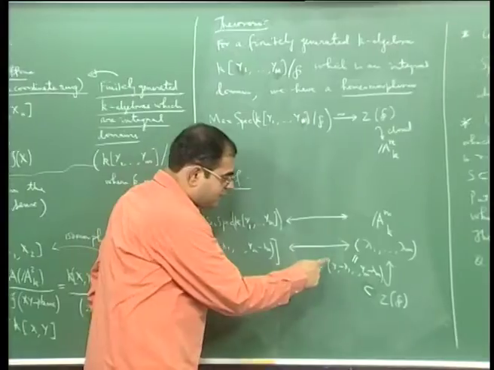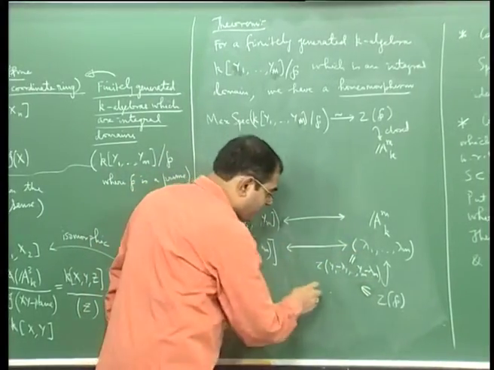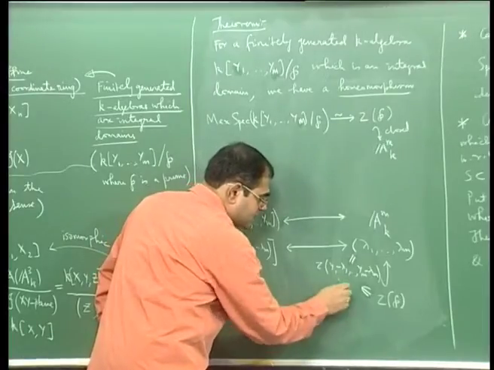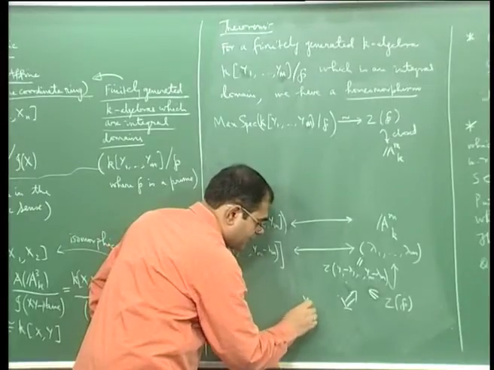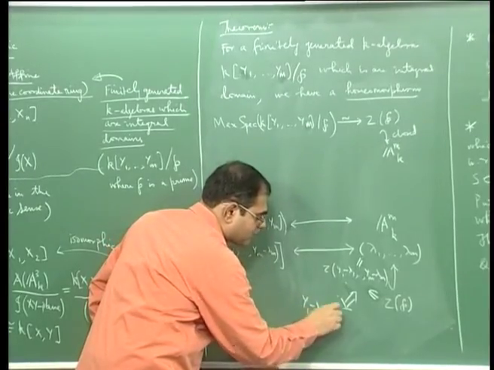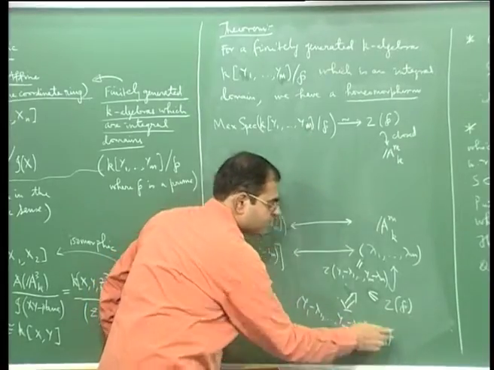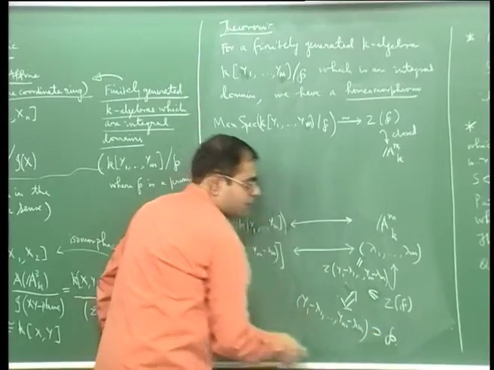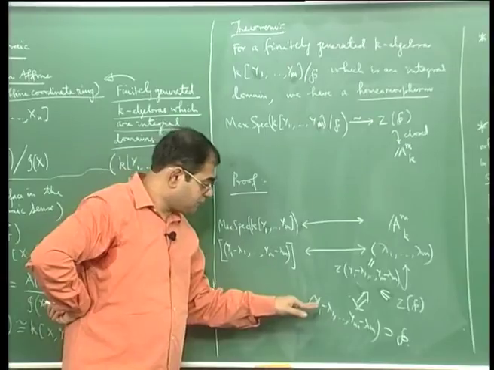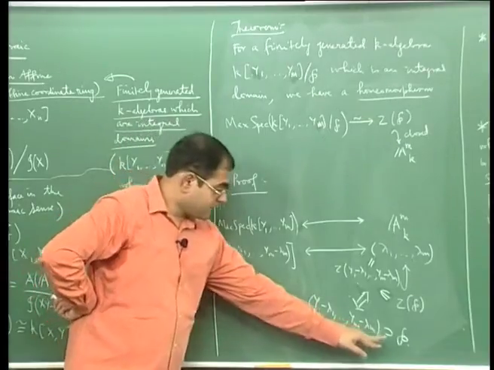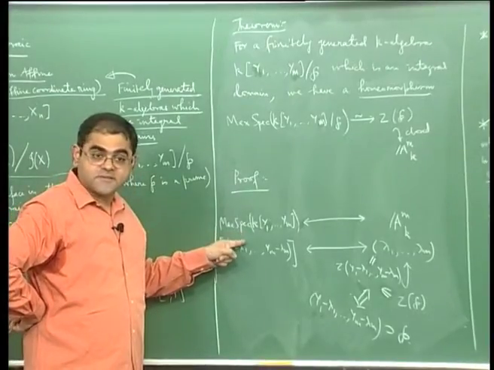So this point belongs to this if and only if, by the Nullstellensatz, the maximal ideal (y1 minus lambda 1, ..., ym minus lambda m) contains P. And what does this mean? This means that this is in Z of P as far as the Zariski topology on the spectrum is concerned.